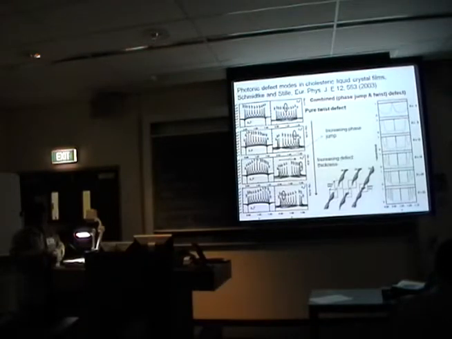So he used this kind of phase jump and also the insertion of another layer. And in this case, in addition to the other layer, a phase jump also occurs. So this is the result with increasing phase jump, the defect state changes like this.